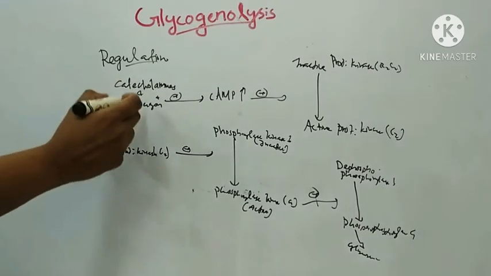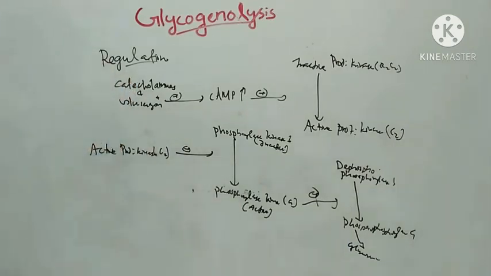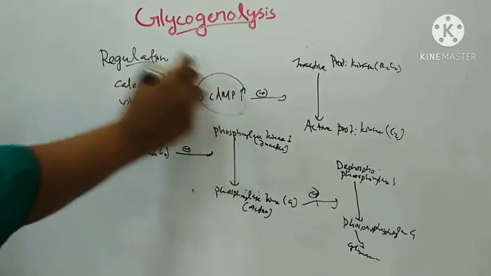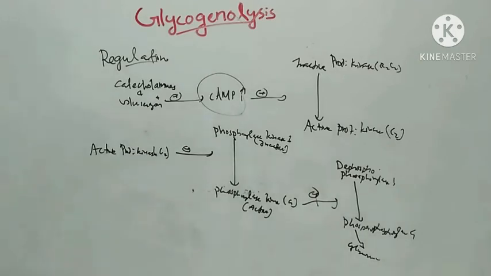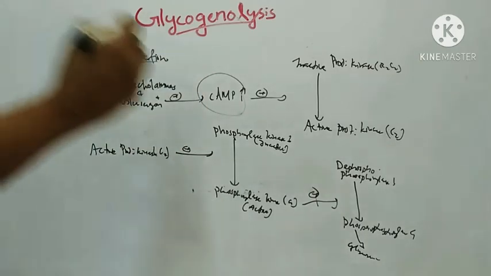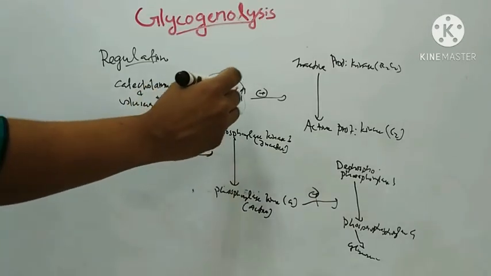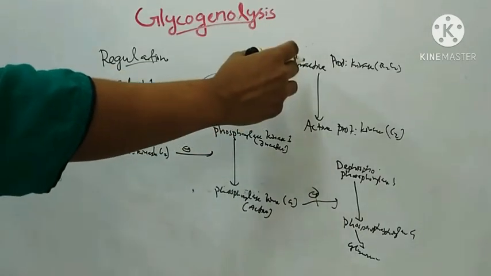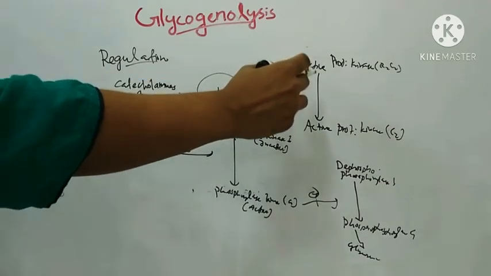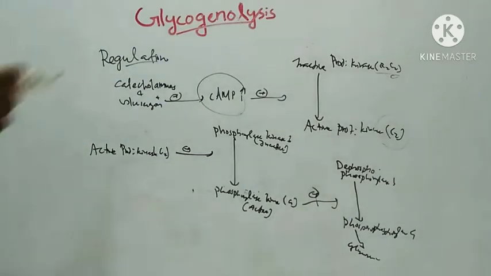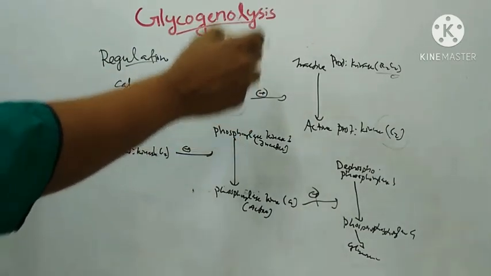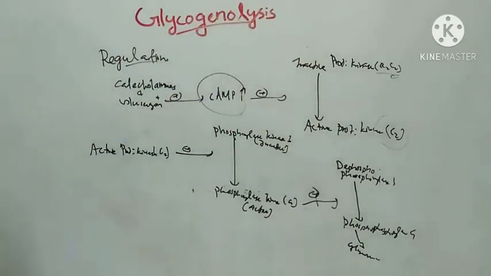So catecholamines, glucagon and thyroid hormones bring about glycogenolysis by increasing the cyclic AMP level in cells, which in turn activates the inactive protein kinase R2C2 to active protein kinase C2.